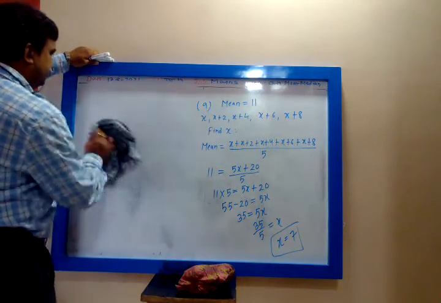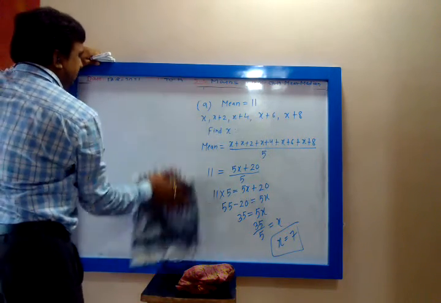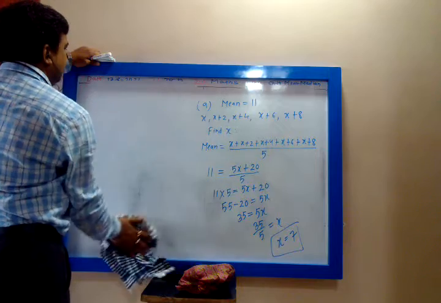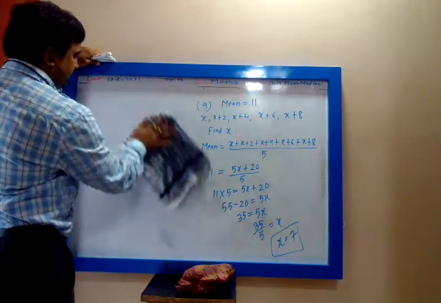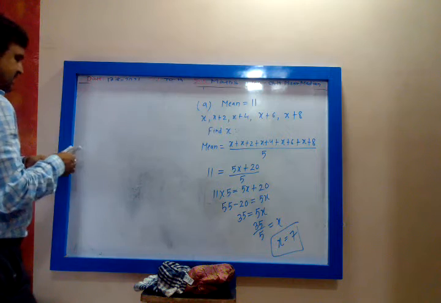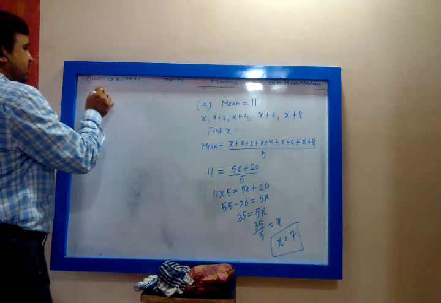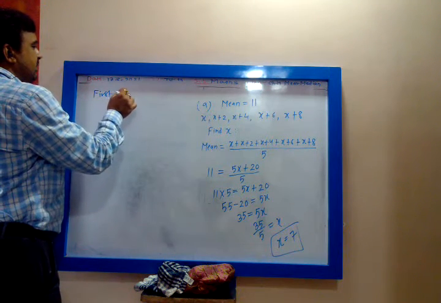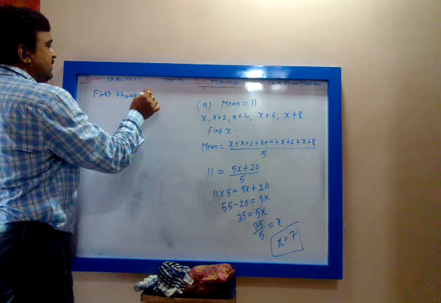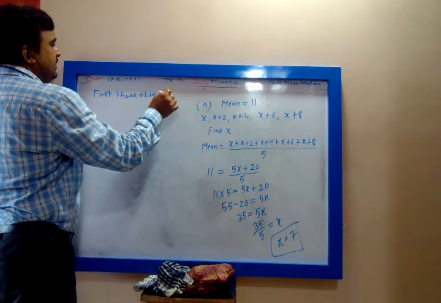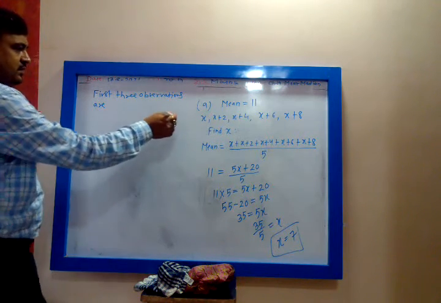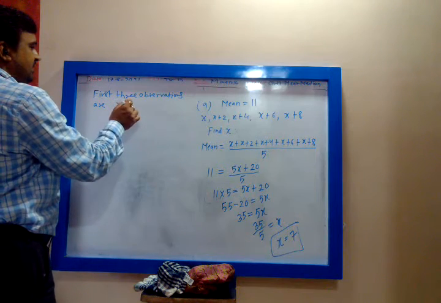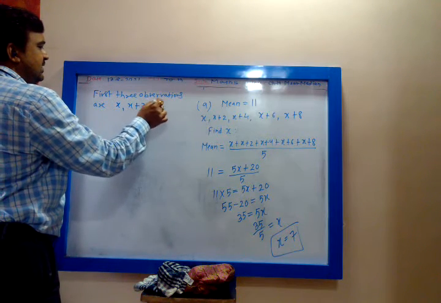Directly, you have to write down what the first three observations are. X, x plus 2 and x plus 4. These are the three observations.